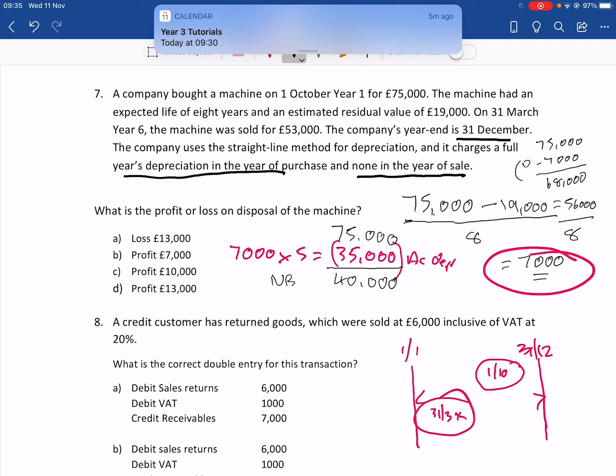So it's valued at £40,000, and what do we sell it for? It tells us that we sold it for £53,000. The value of the asset at that time was £40,000. So therefore, we've made a profit of £13,000.